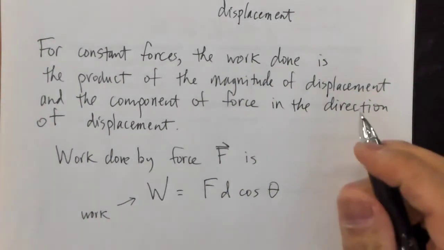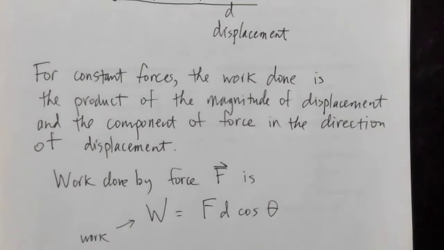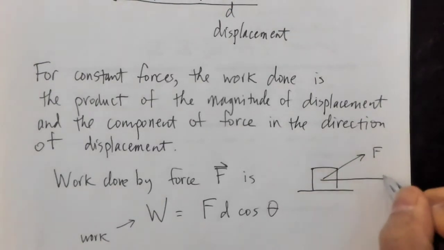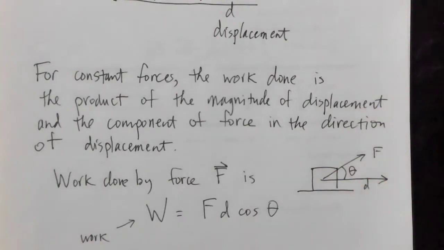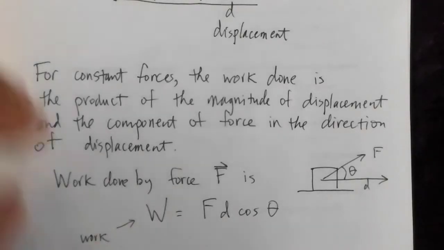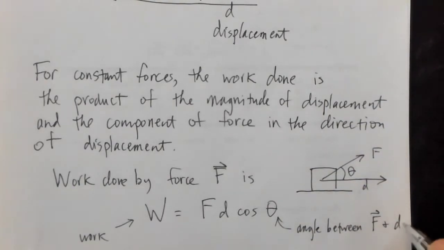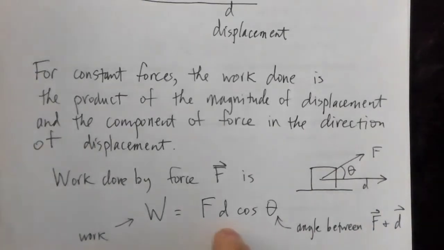If you can't see that figure up above, let me just draw it again. D is the displacement, theta is the angle between them. F times D times the cosine of the angle between F and D. Without the vector hat, F is the magnitude of F, and without the vector hat, D is the magnitude of D.